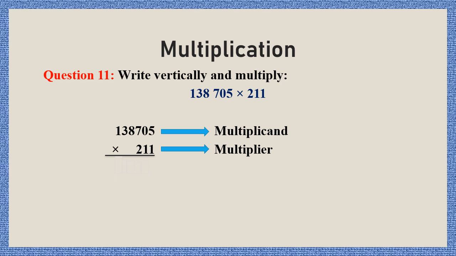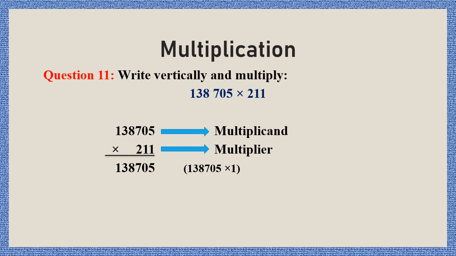So let's start with 1. First we will multiply 1 with 5 of the multiplicand. So 1 times 5 is 5. 1 times 0 is 0. 1 times 7 is 7. 1 times 8 is 8. 1 times 3 is 3. And 1 times 1 is 1.